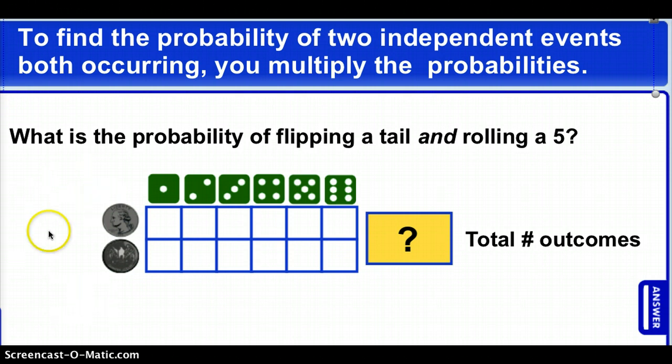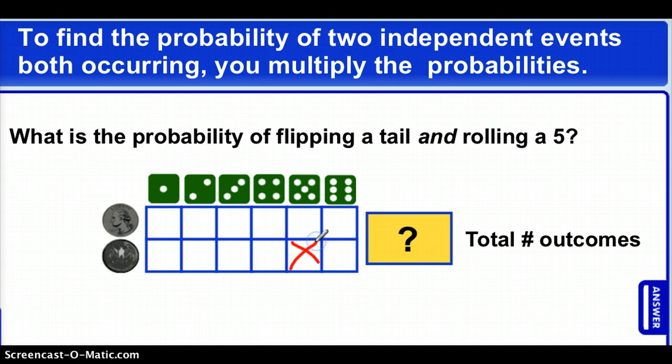In this diagram here, one way to just picture it is, okay, what are the probabilities of rolling a tail and rolling a 5? So you look along here and, well, all of these would be rolling a tail, but only one of them would be rolling a tail and getting a 5. So you could basically say then that you would be looking for this particular box here.